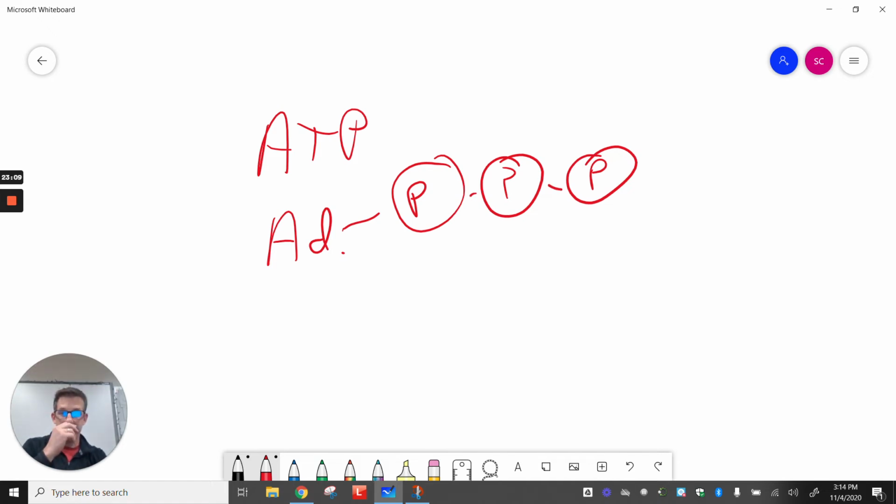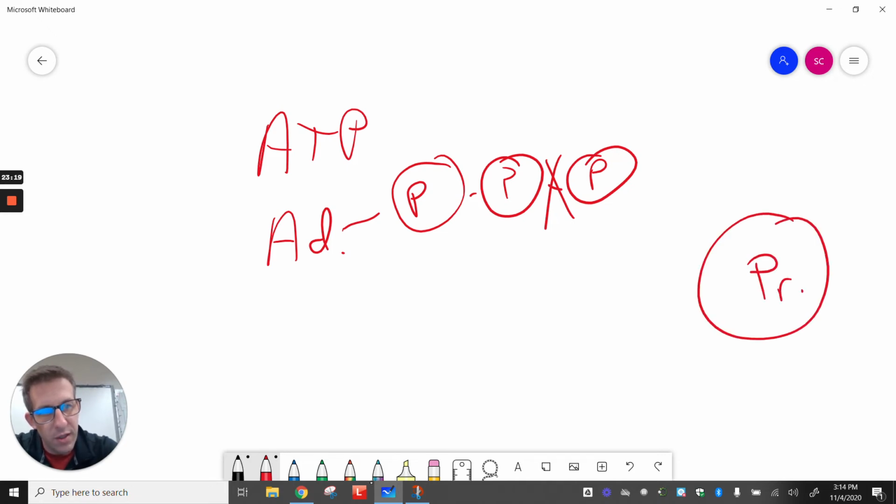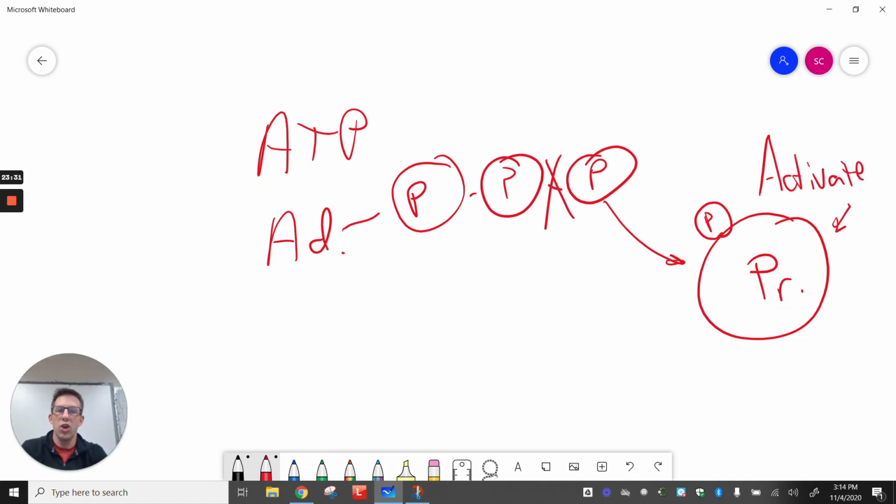That's ATP, adenosine triphosphate. When you chop off one of these phosphates, you can actually add it to something. So let's say this is a protein over here. You can chop that phosphate off and add it to the protein, and you activate that protein, whatever it happens to be. You turned it on.